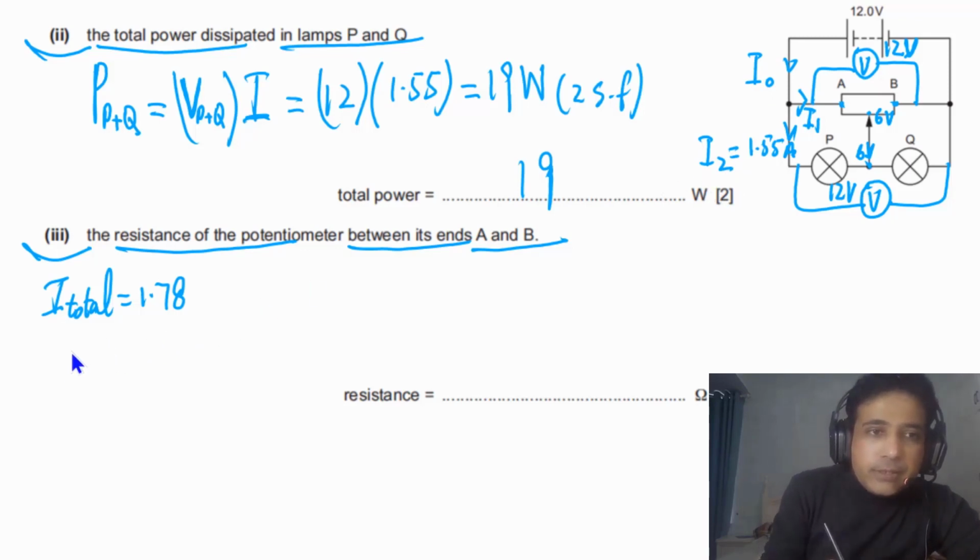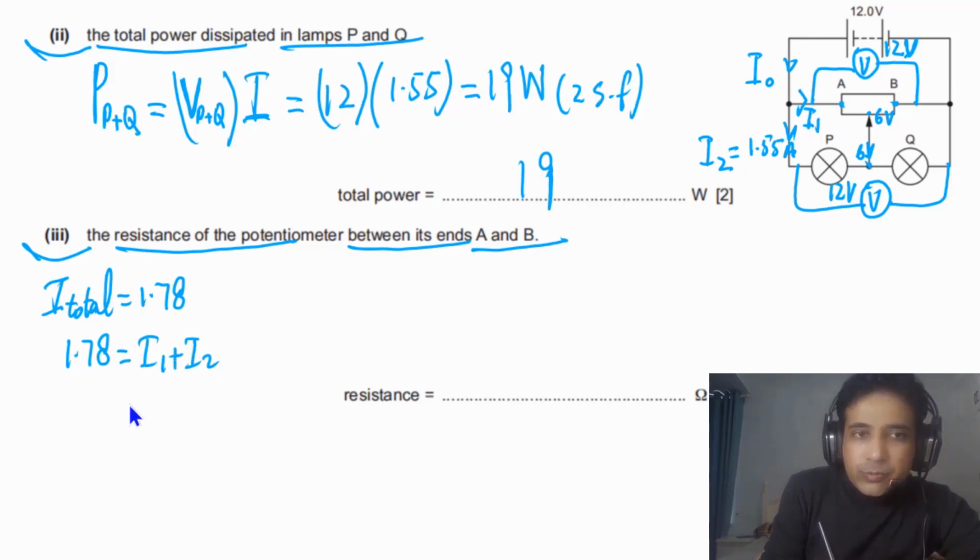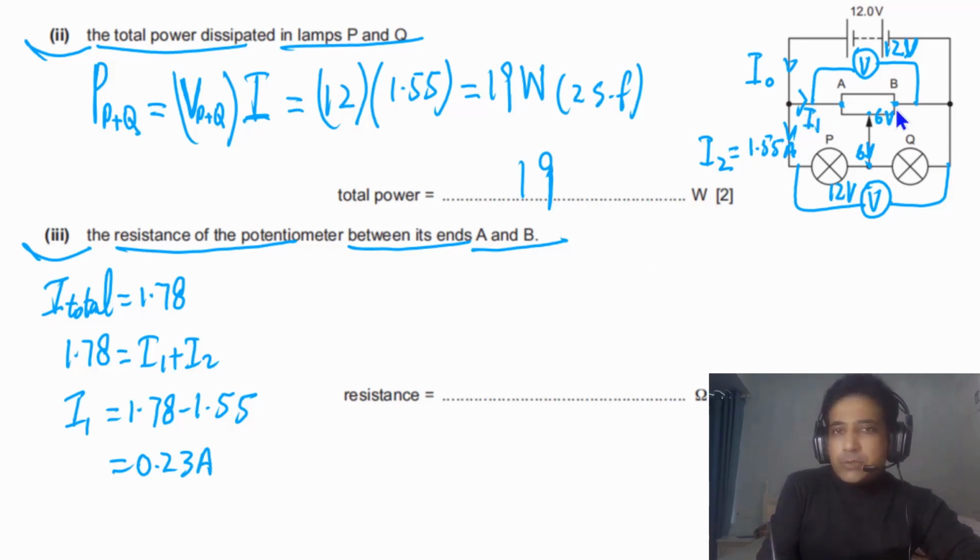So we have 1.78 as I0, which is equal to I1 plus I2. We need to find the value of I1. So I1 will be equal to 1.78 minus 1.55. That is 0.23 amps.